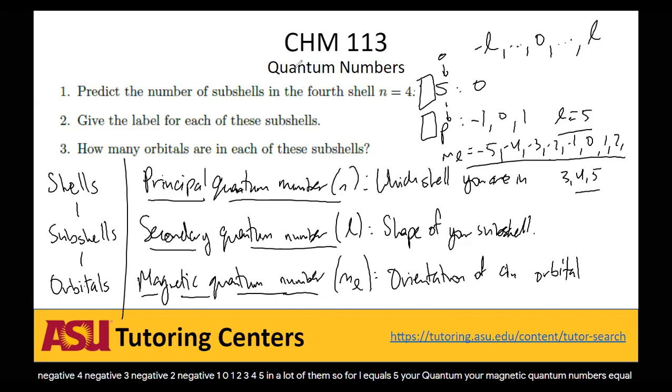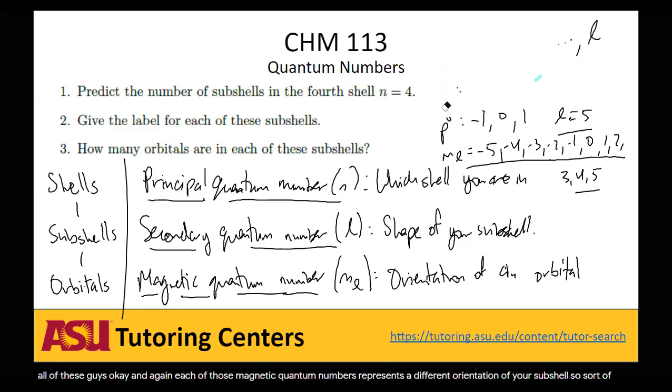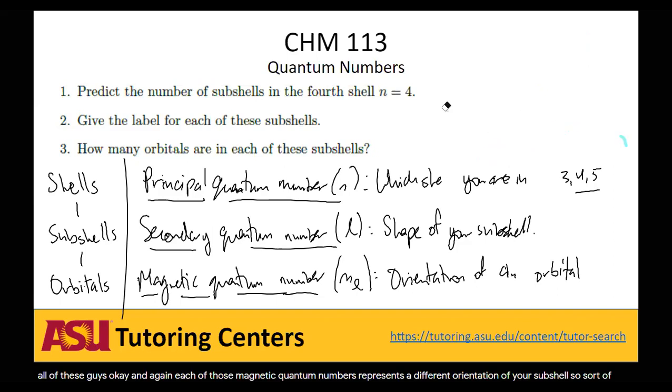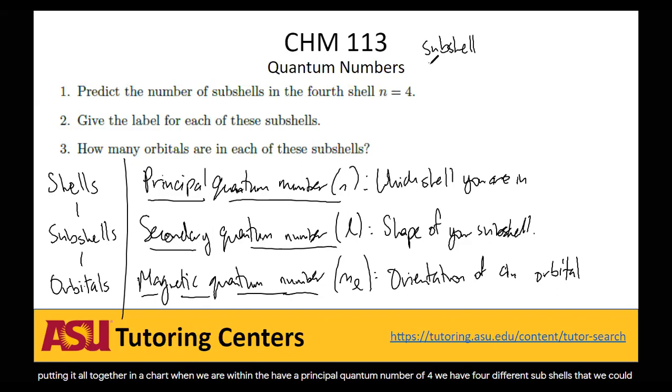So sort of putting it all together in a chart, when we have a principal quantum number of 4, we have 4 different subshells that we could possibly have. Let's make a little table, with number of orbitals.